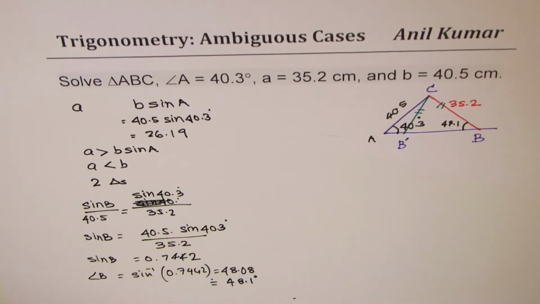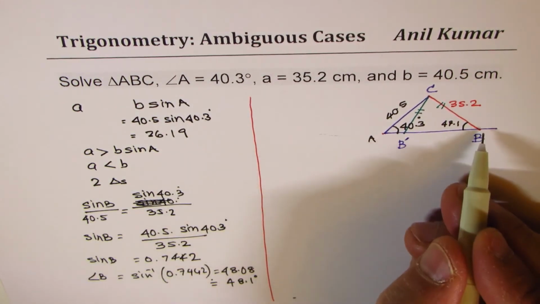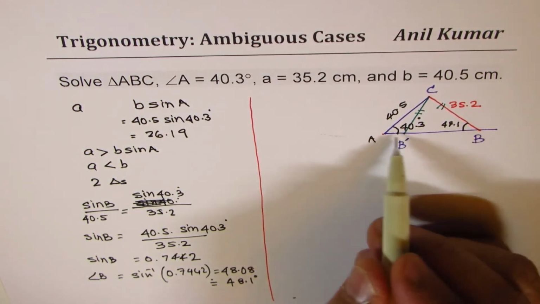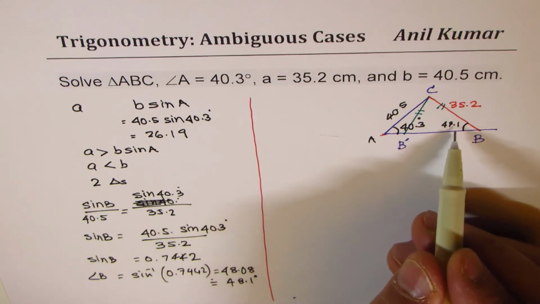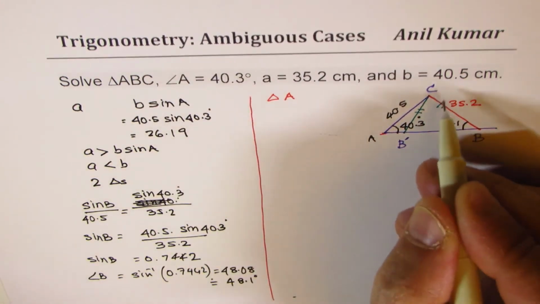Now, let's solve the big triangle completely. We'll also find side AB, right? Now, if this is 48.1, we'll consider triangle ACB.